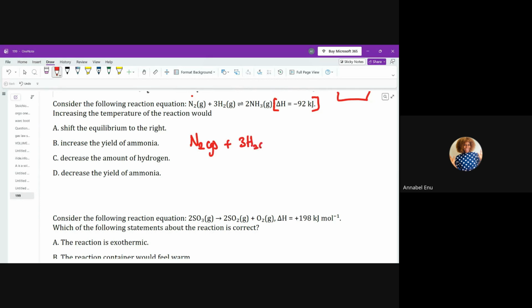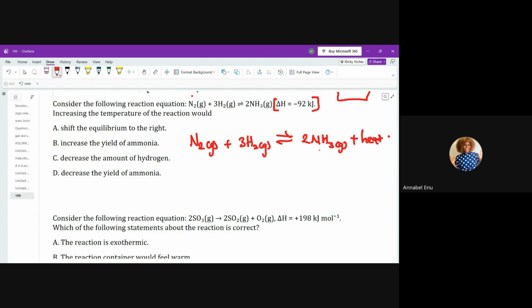That is to say, we can now write this reaction like this: N2 plus 3 hydrogen gas, forward and backward, to give us 2 NH3 gas plus heat. Are you seeing it? This tells us that it is an exothermic process. Now we want to know what increasing temperature would cause.